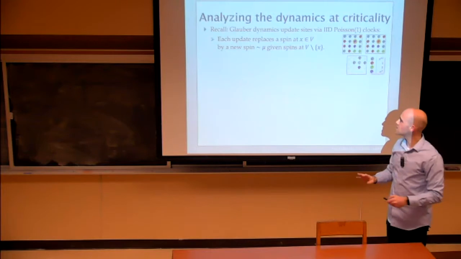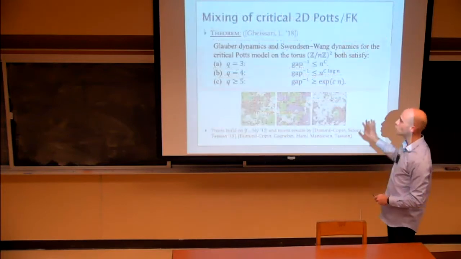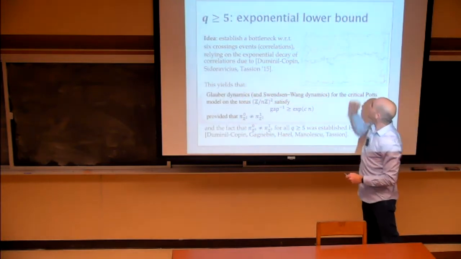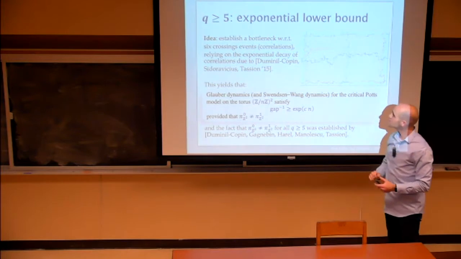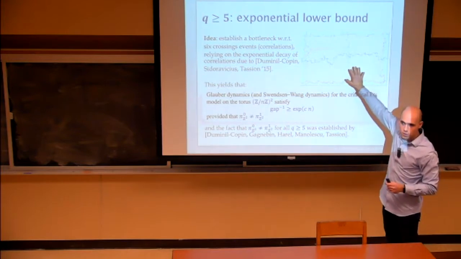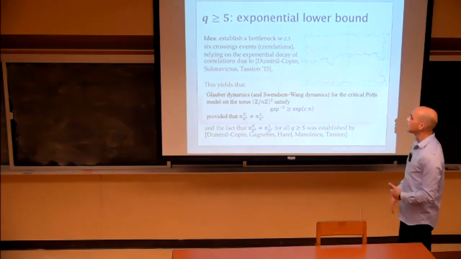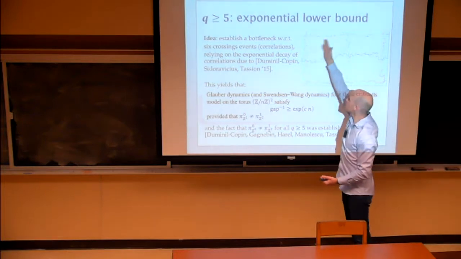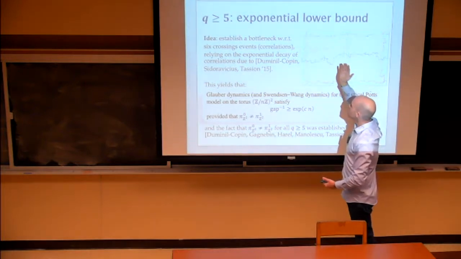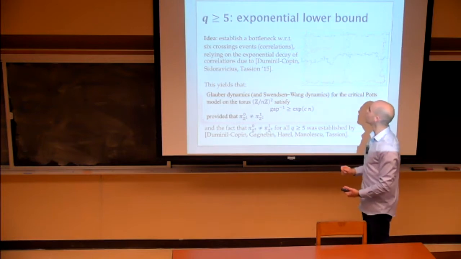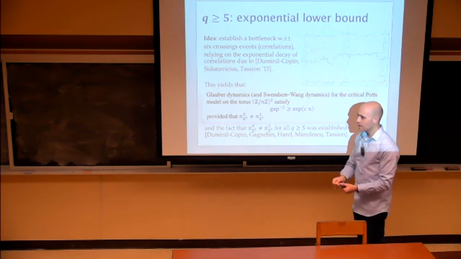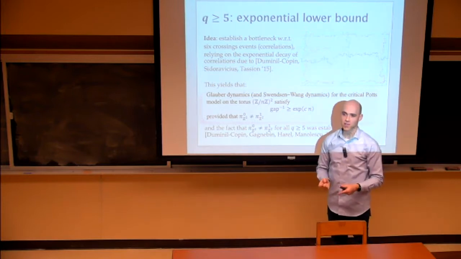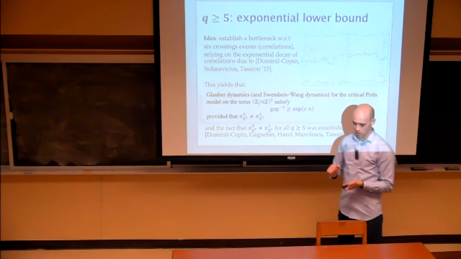And the way to formalize this is to look at the counterpart of the model that is the FK model that I'm not going to describe, but these crossings here are similar to those contours that we had over there in spirit. And what we were trying to say in the lower bound was that, since you have an exponential decay of correlations, it is highly unlikely to be able to destroy a crossing of reds chosen in a very particular way.